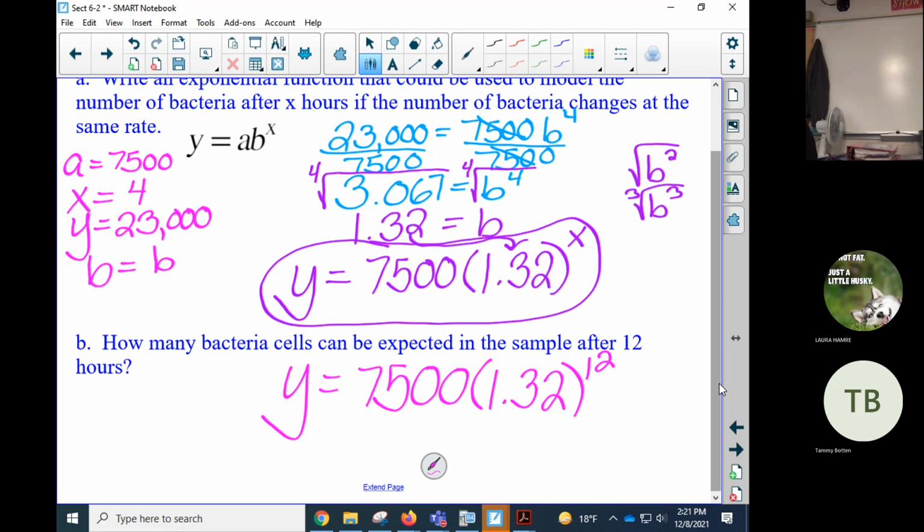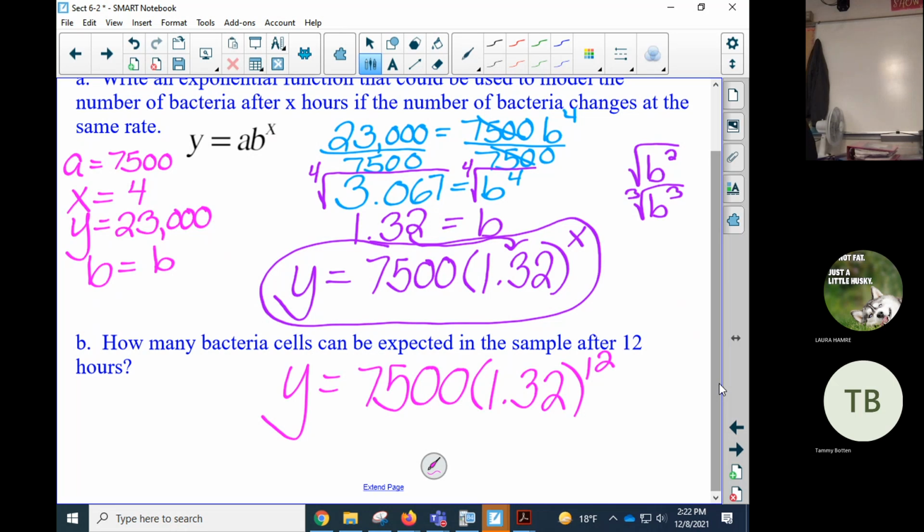Did you go 7,500 and make sure that it, no, just leave it alone. 1.32 to the fourth? I got 22,800. It's probably because we rounded the 1.32. We didn't keep it out as a decimal.